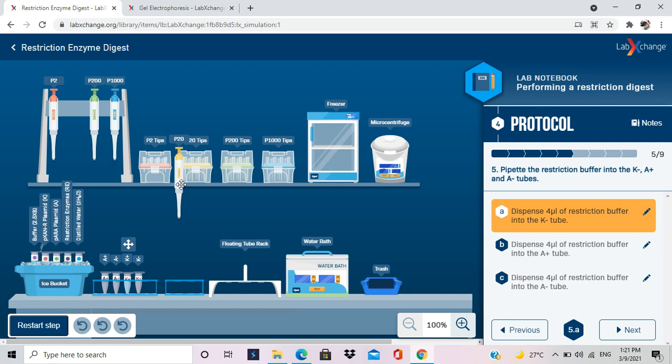Then I repeat it for the K negative tube, A plus tube, and A negative tube.